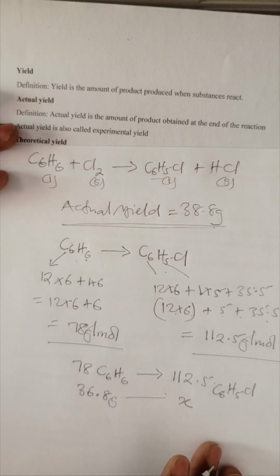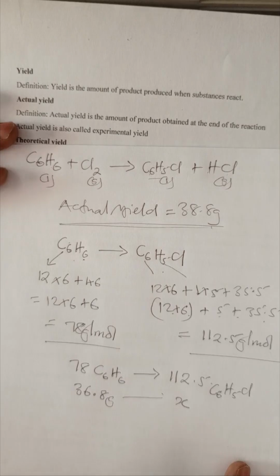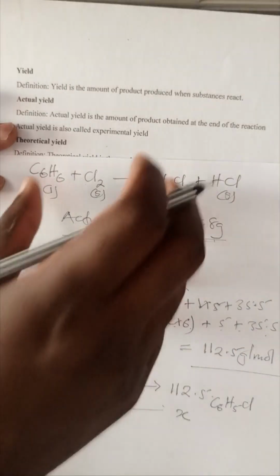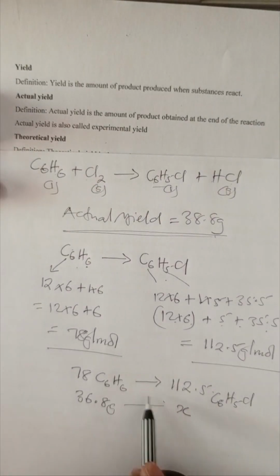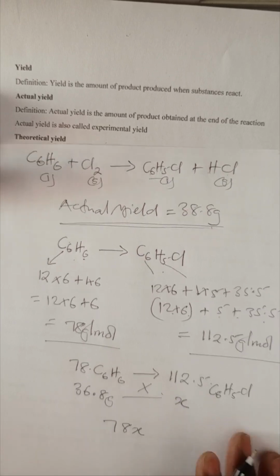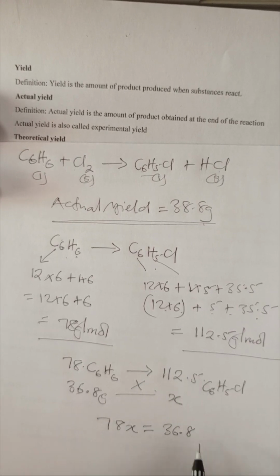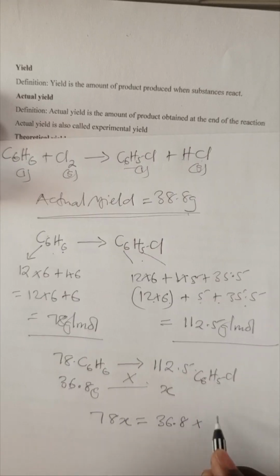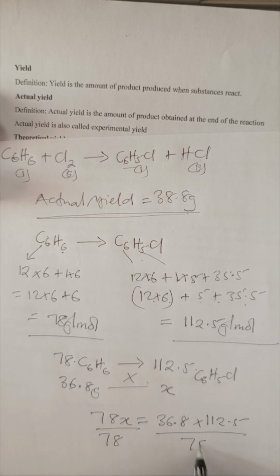So what we're doing here is we are finding the theoretical yield, because the theoretical yield is what you calculate from the balanced chemical equation. So we are calculating the theoretical yield from this balanced equation. So take note of that. So you simply cross multiply this times that, it gives you 78 X is equal to this times that, 36.8 multiplied by 112.5, and therefore you simply divide, so it remains with x.